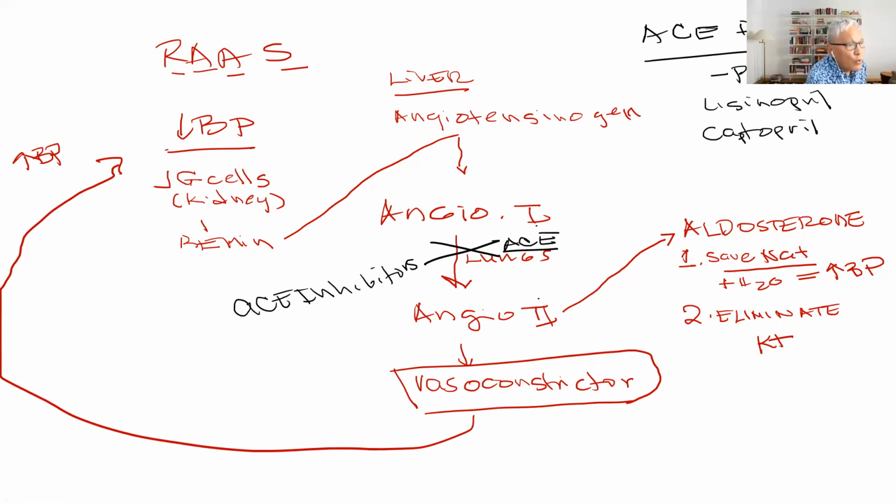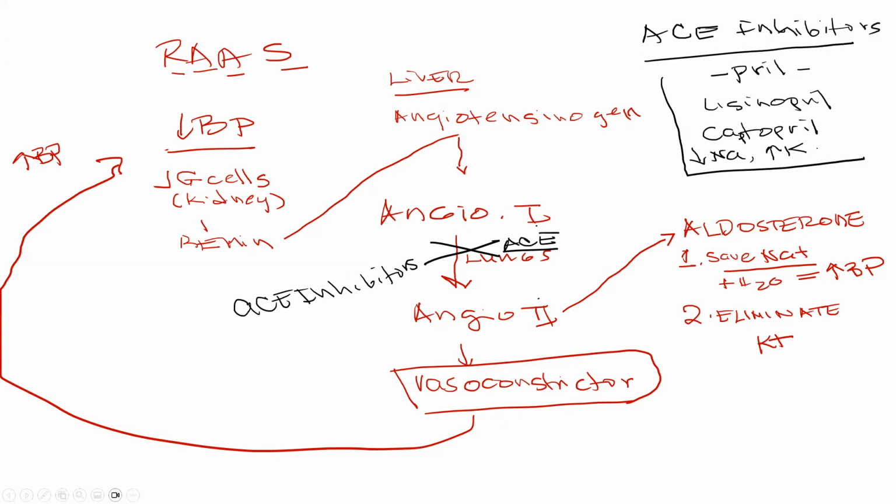All right. So when you have ACE inhibitors, you are going to decrease sodium. Do you understand why it decreases sodium? And you increase potassium. So note that the complication of the use of ACE inhibitors is hyperkalemia. Do you get that so far? Yes. Okay. All right.